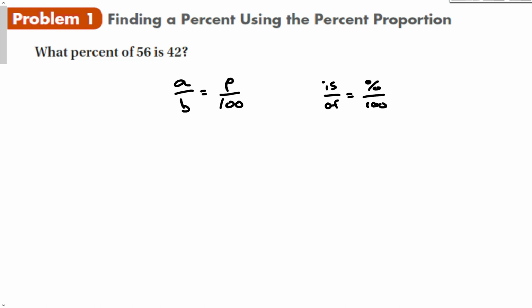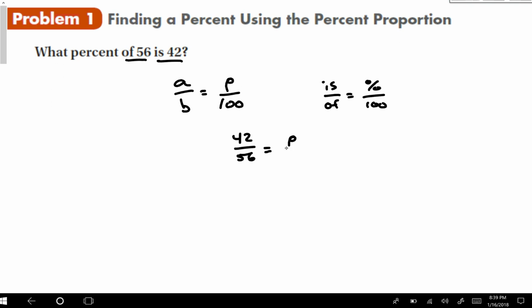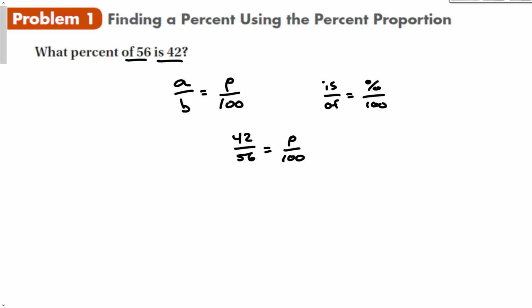All right, so the base in this case is 56, and the part is 42, okay? Or is 42, of is 56. So my percent proportion is going to look like 42 over 56 is equal to some percent over 100.